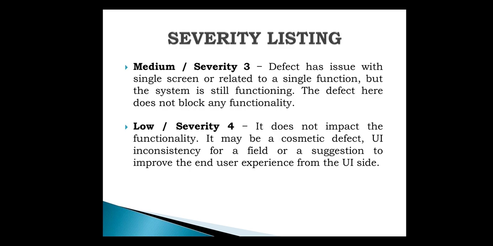For example, if the theme color is different from the requirement given by the customer, it is just a cosmetic defect. It does not affect any functionality of the application, so it is called a cosmetic defect, or a UI inconsistency for a field, or a suggestion to improve the end user experience from the UI side.